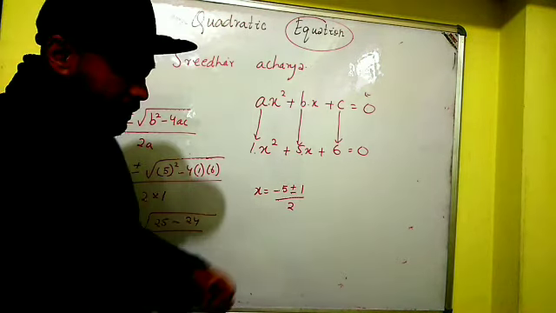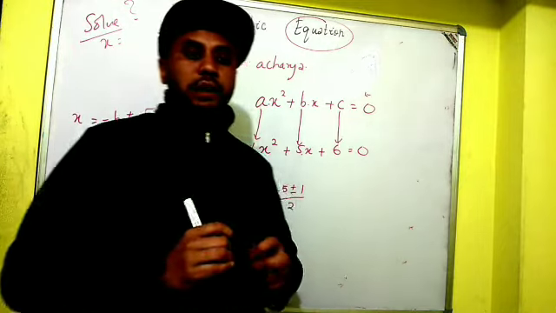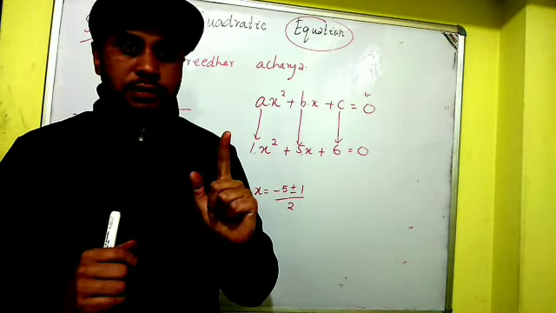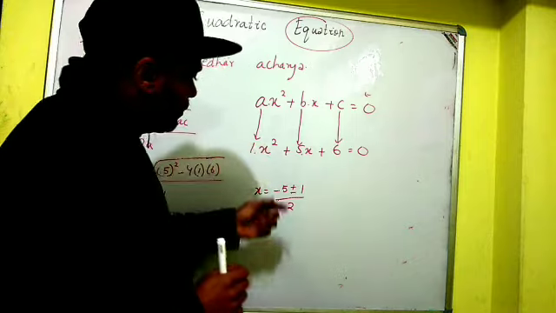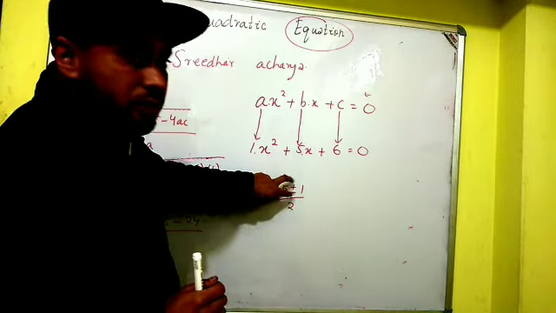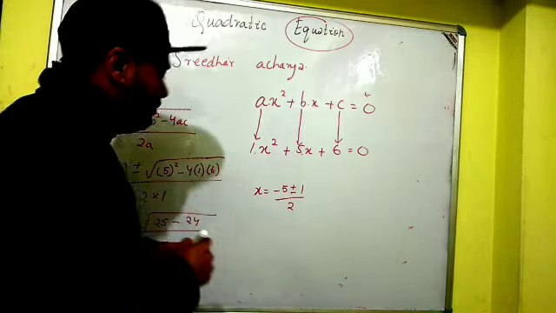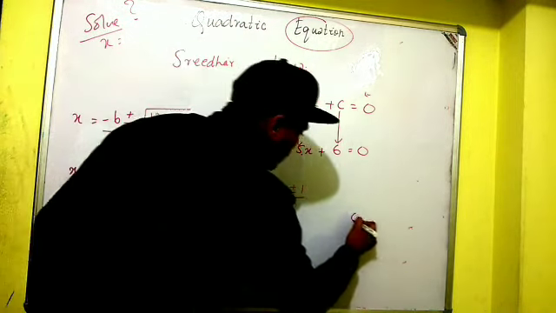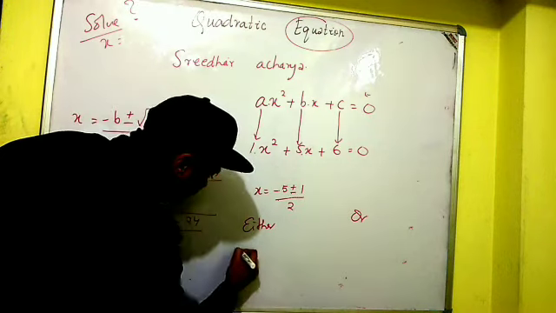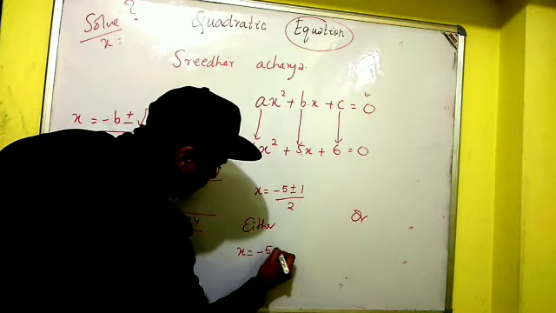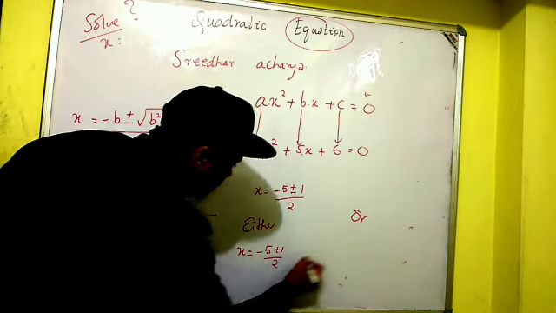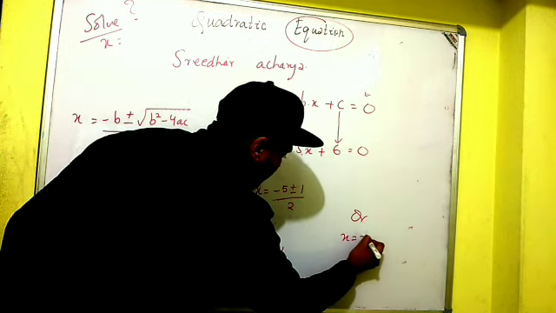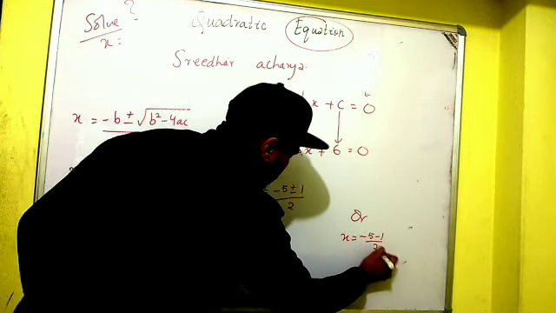Now it means that for any quadratic equation, we'll get two values of x. Alright? And this plus and minus helps us to find both the values. So what we have to do is first we'll take the positive value, then we'll take the negative value. So x is equals to minus 5 plus 1 divided by 2, and x is equals to minus 5 minus 1 by 2.